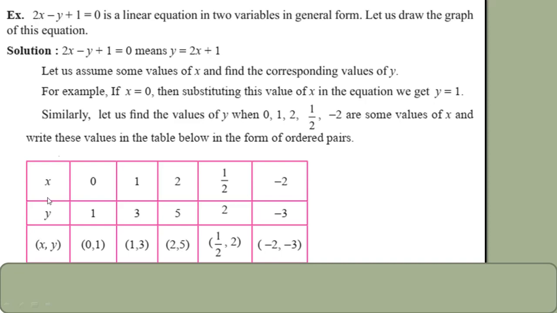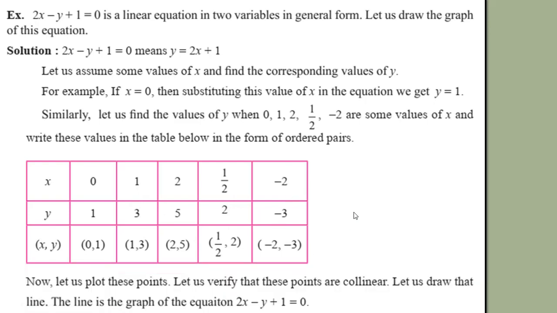After assuming a value, we put it one by one in this equation and get values of y. So we get different points: (0, 1), (1, 3), (2, 5), (1/2, 2), and (-2, -3).